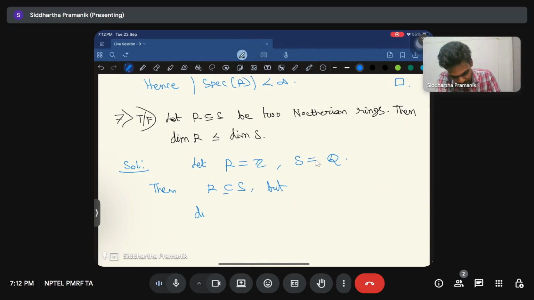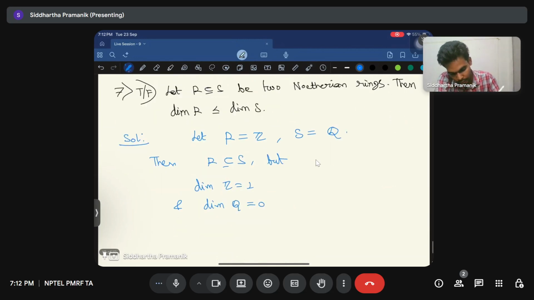So dimension of Z is 1 because Z is a PID which is not a field, and dimension of Q is 0 because Q is a field. So this statement is false. So if this is an integral extension, then it will be true. But if it is not an integral extension, then it need not be true.